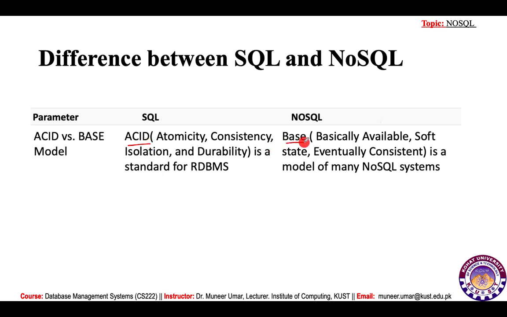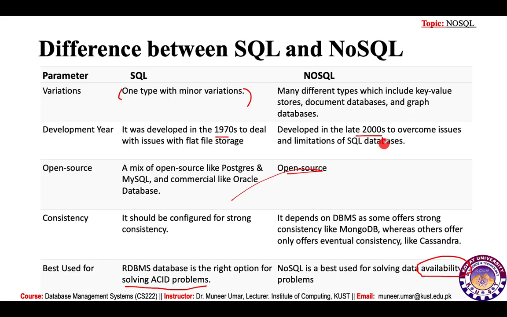We just studied these in our previous slides. So SQL supports ACID, while NoSQL has BASE. In SQL, we have atomicity, consistency, isolation, and durability, while in NoSQL, we have eventually consistent but basically available systems. So this was all about NoSQL.